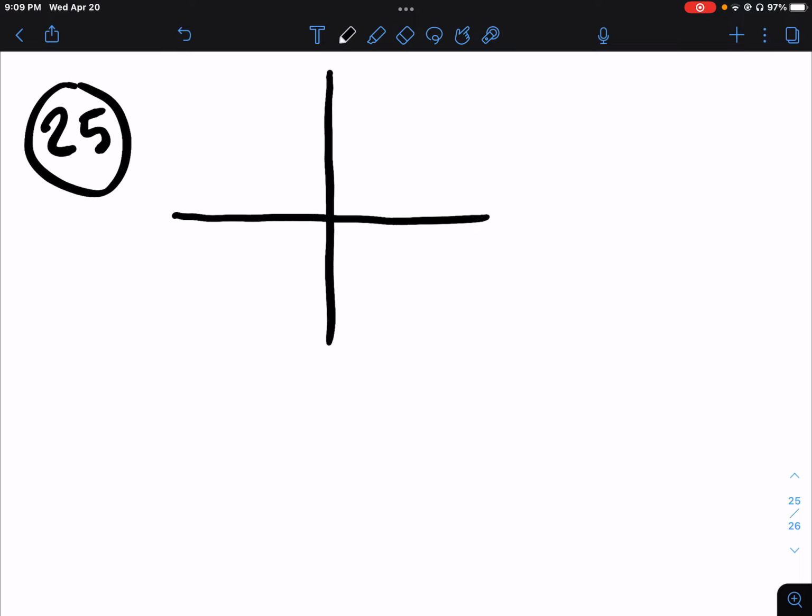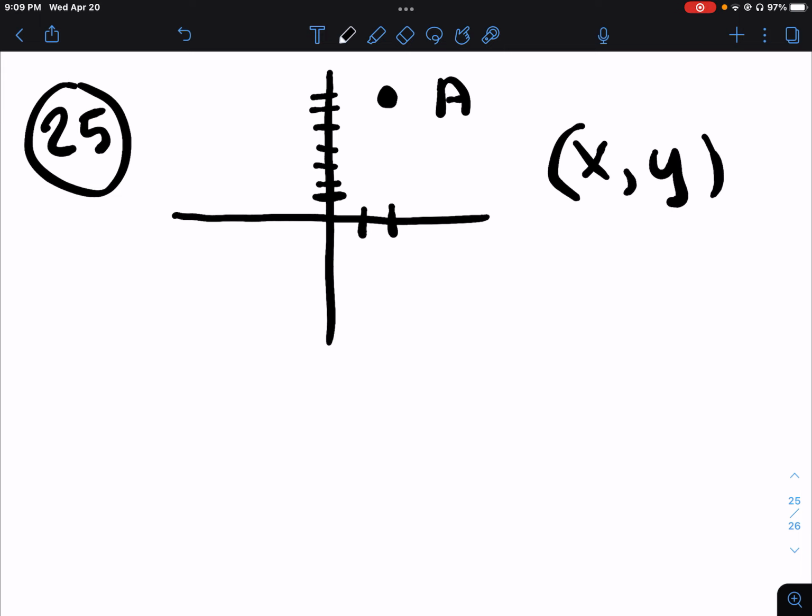Okay, the last question is about points on a graph. Okay, this is point A. Points are always X, Y. When X is negative, left.